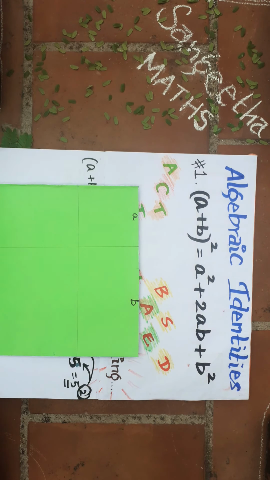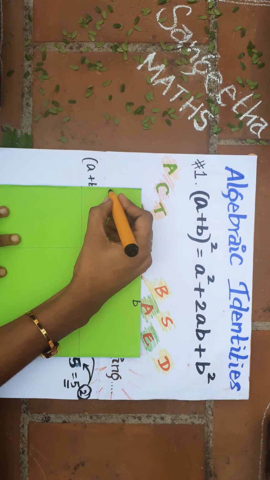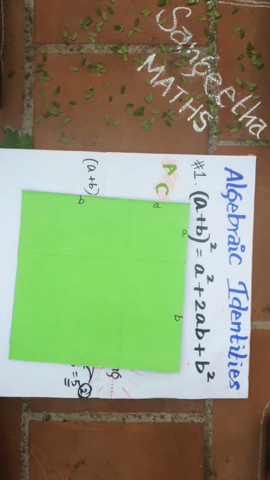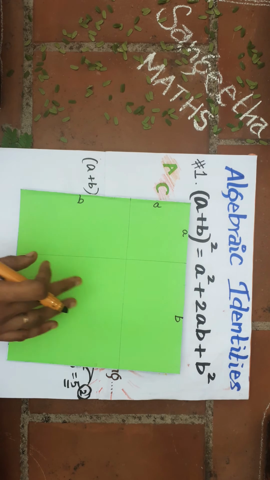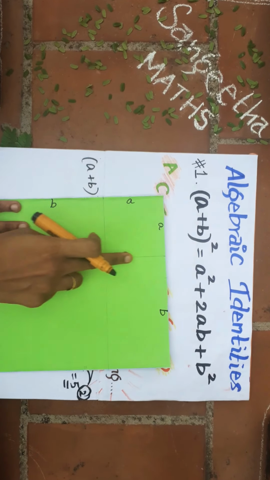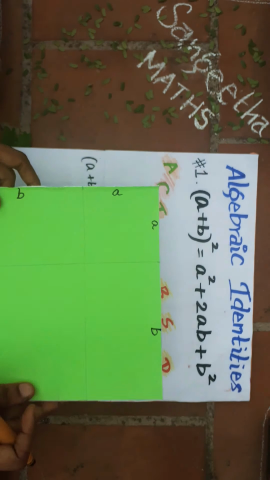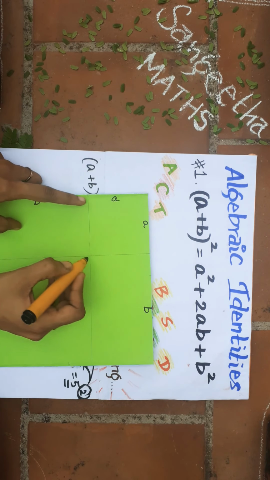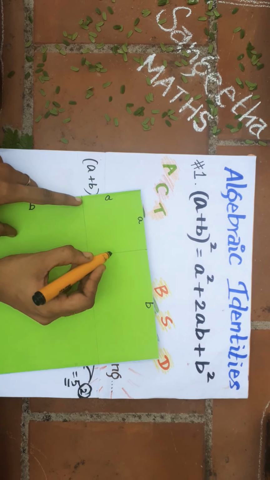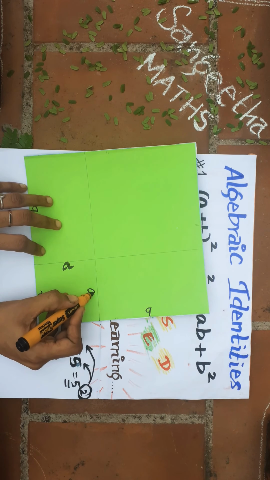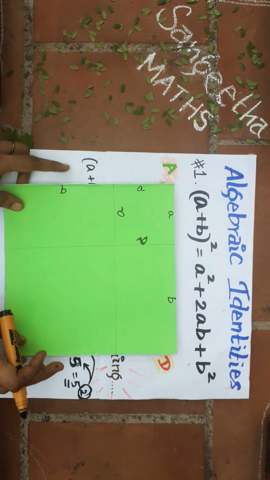If you look at this way, this is a and this is b. Am I right? Can you see? This looks like a square. Since all the sides of a square are equal, again this I can write to be a, and this also a.